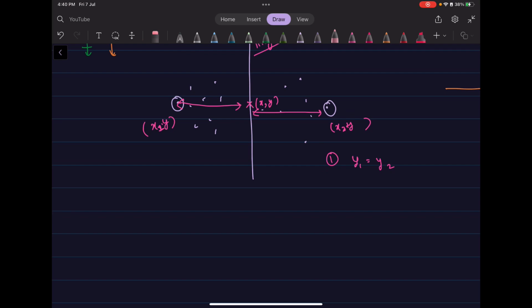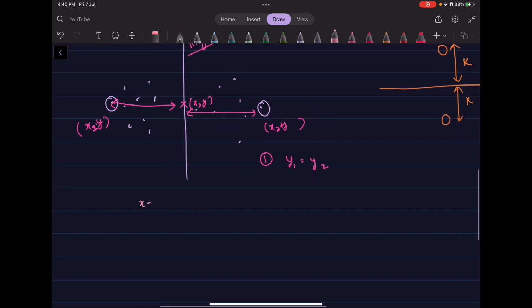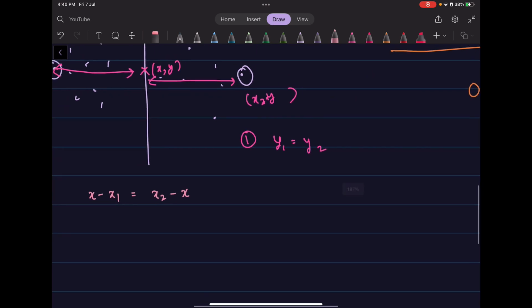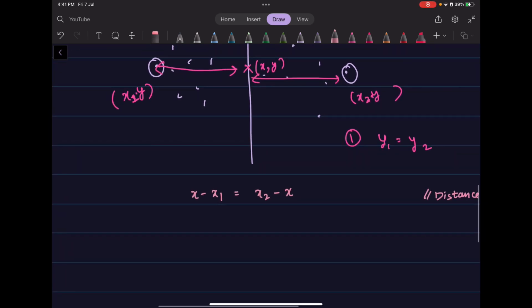So can I not say that x minus x1 is equal to x2 minus x? This we can say, right? If you are not able to directly get it, you can also use the distance formula. Since the y coordinates are equal, the y's would get cancelled. So I can say that 2 into x is equal to x1 plus x2.